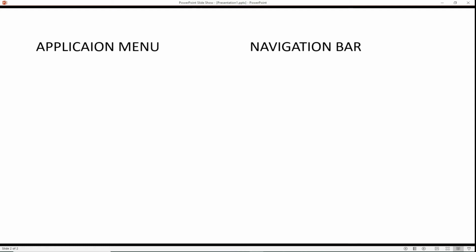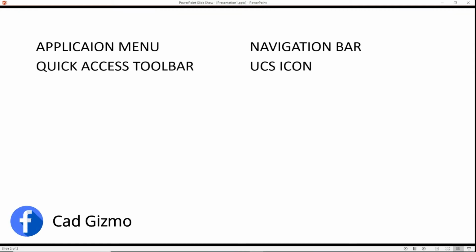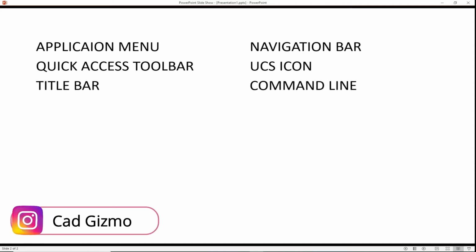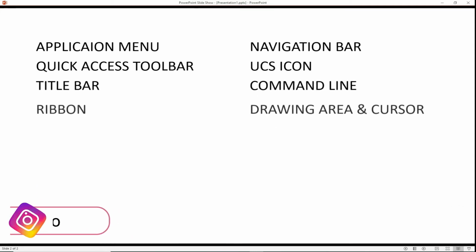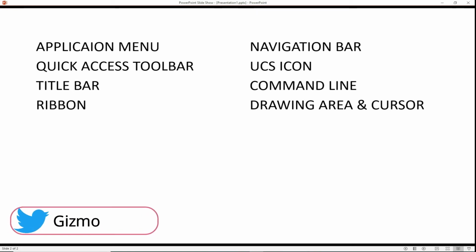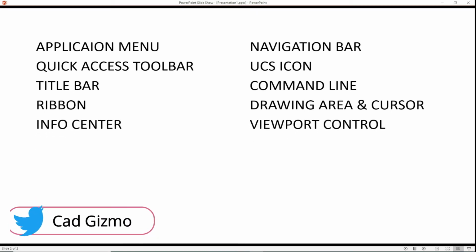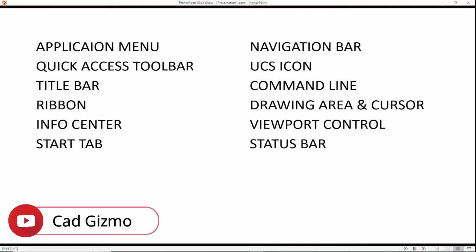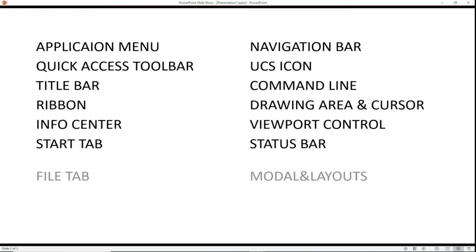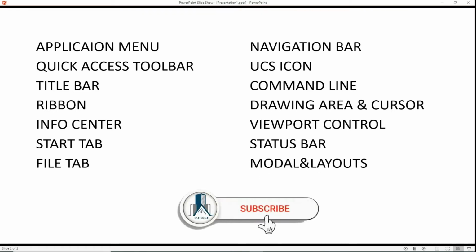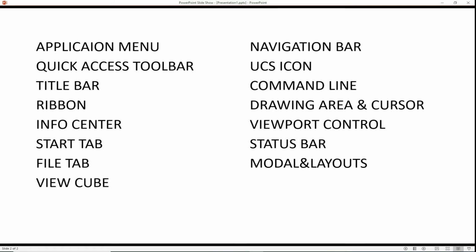Application menu, navigation bar, quick access toolbar, UCS icon, title bar, command line, ribbon, drawing area and cursor, info center, viewport control, start tab, status bar, file tab, model and layout tab, and the view cube. So these are the points we can discuss in the user interface of AutoCAD 2021.